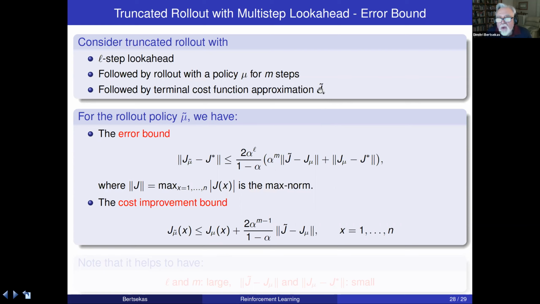In particular, if you use exact rollout, where J tilde is equal to J mu, then you get the cost improvement inequality, the standard cost improvement inequality, the basic property of the rollout procedure.